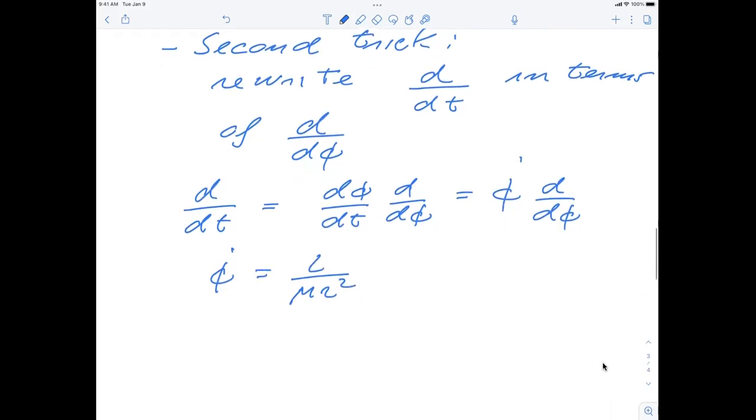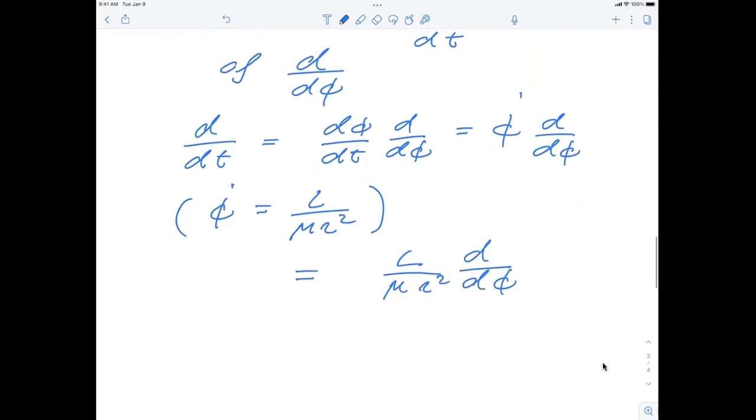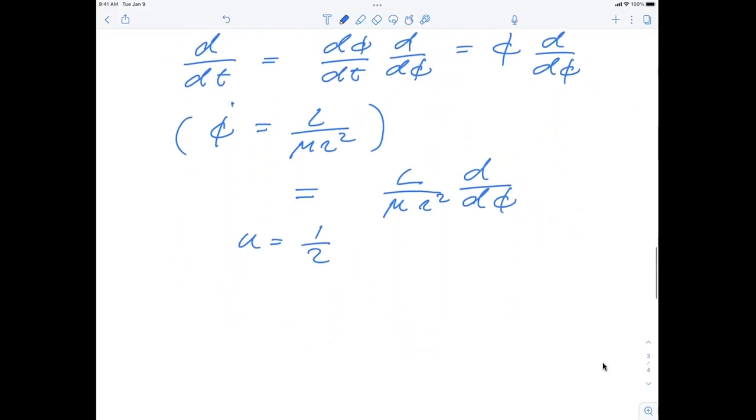So I can plug that in, and then we simply have L divided by mu r squared times d d phi. So that's the first step which we need. Then, if we look at the expression, we have defined this function u, which is 1 over r. So we can rewrite this d dt as L divided by mu, times u squared, times d d phi.